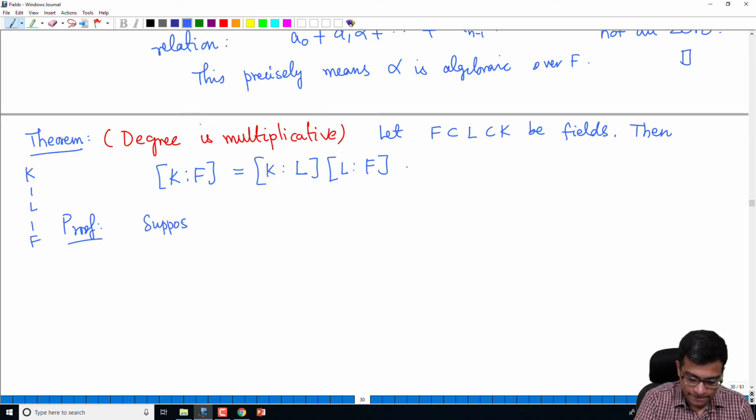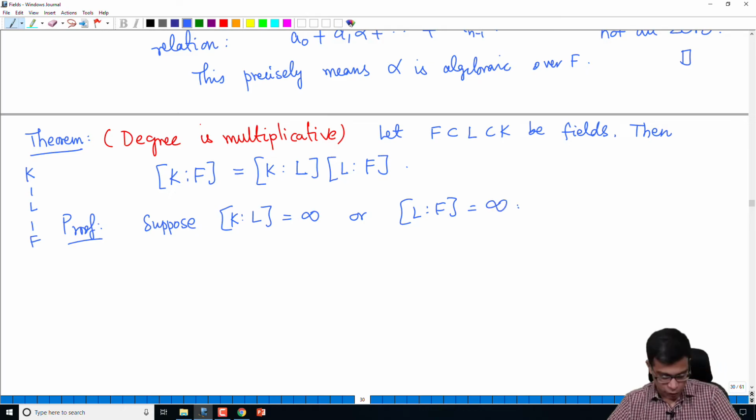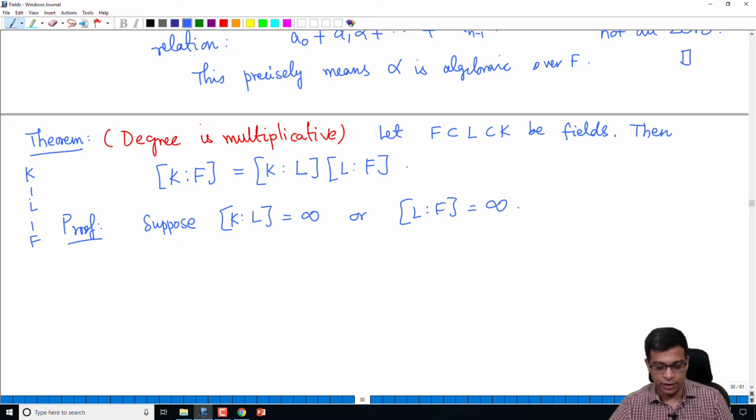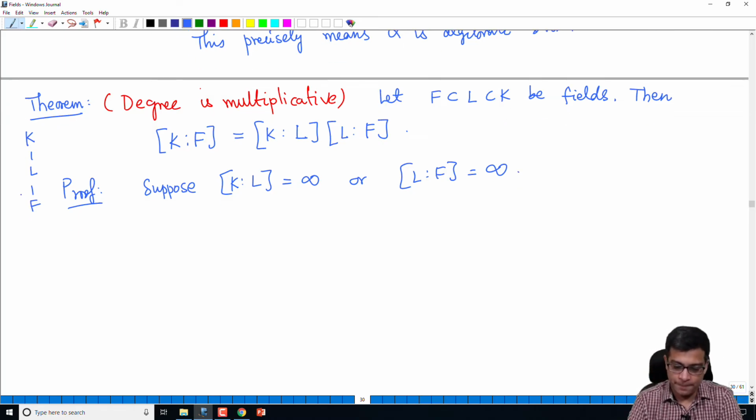Suppose K colon L is infinity or L colon F is infinity. Suppose that we have either this is infinity, L colon F is infinity, or K colon F is infinity. At least one of them is infinity. Then what happens?